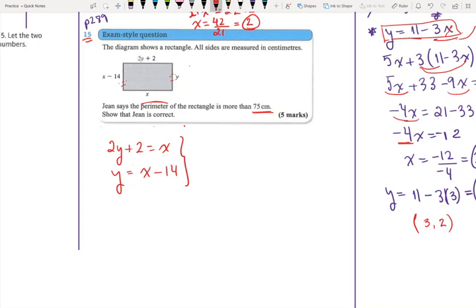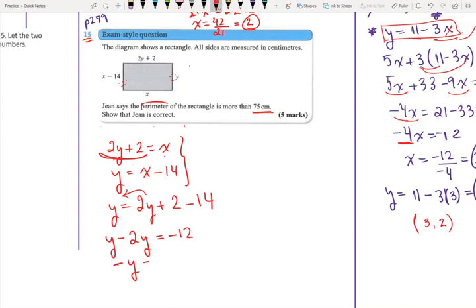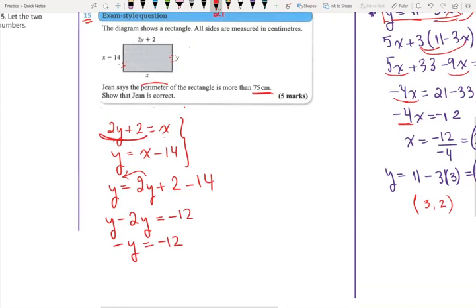So I'm going to choose x equals to this, which is in terms of y, and replace it instead of x. So y is equal to 2y plus 2 minus 14. So we have now to collect like terms. I take the y to the other side, and this is going to be minus 14 plus 2 is minus 12. So minus y is equal to minus 12. We divide by minus 1, so y is equal to 12.